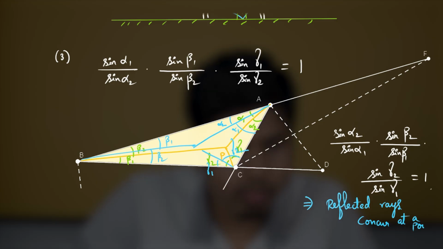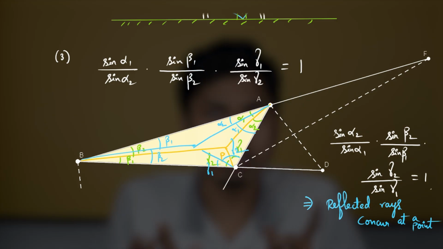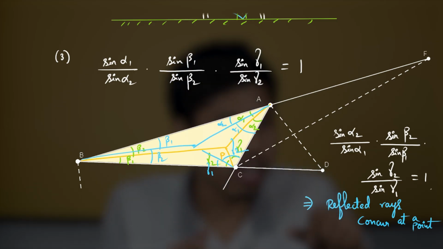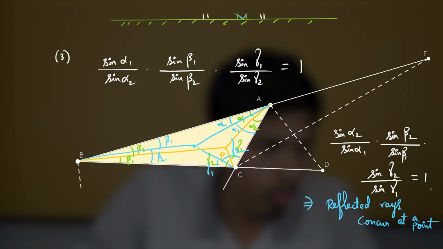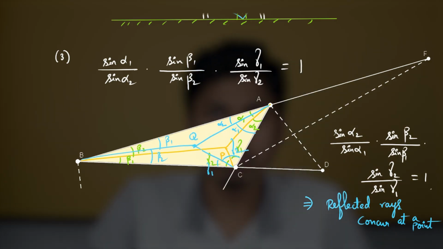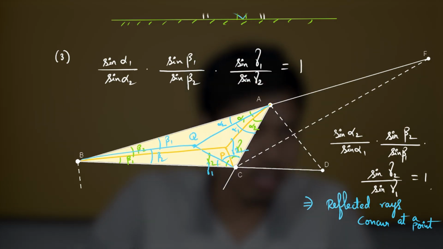The reason is because the reflected rays just form angles that are swaps of the angles made by the incident rays. Therefore, they will also concur at a point inside the triangle, and this is the location, say Q, of the image formed by reflection.